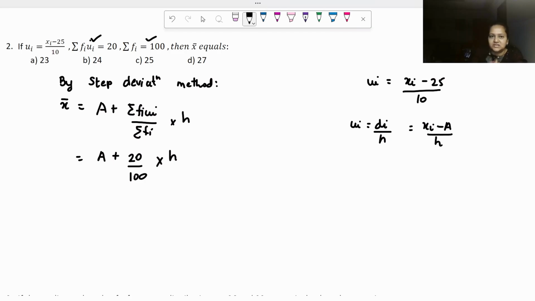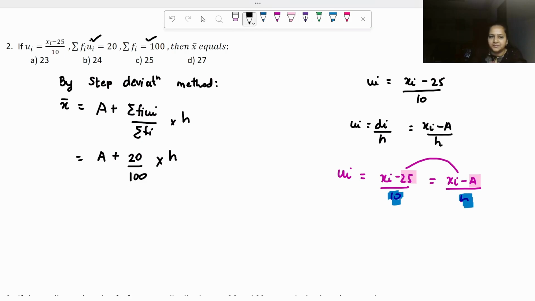Now, if I compare these two, we have over here ui is xi minus 25 upon 10. This is given to us. And according to definition, that is xi minus a upon h. So, if I compare these two, what do we get? We get a is 25 and we get h is 10.